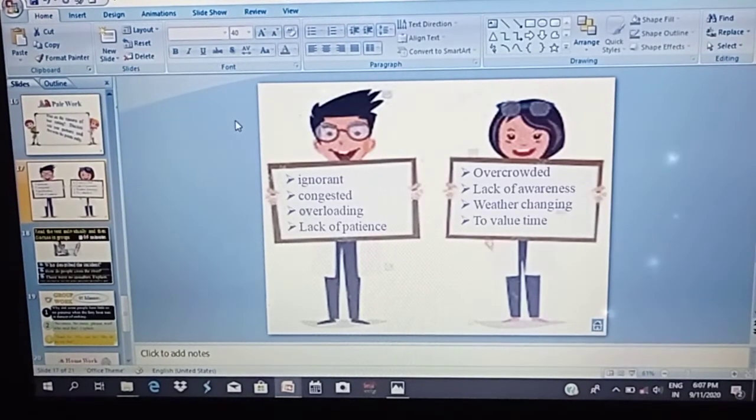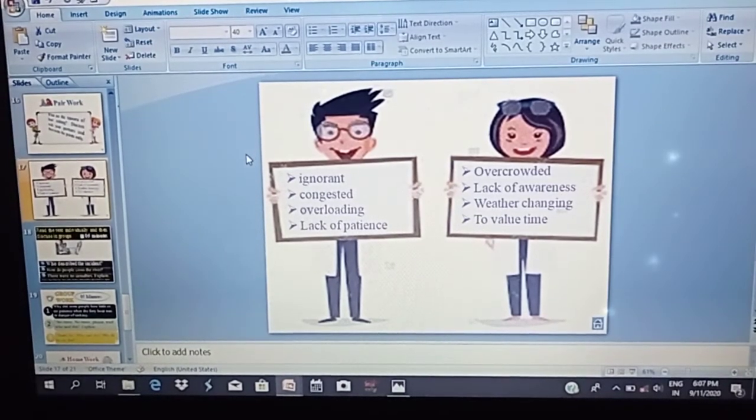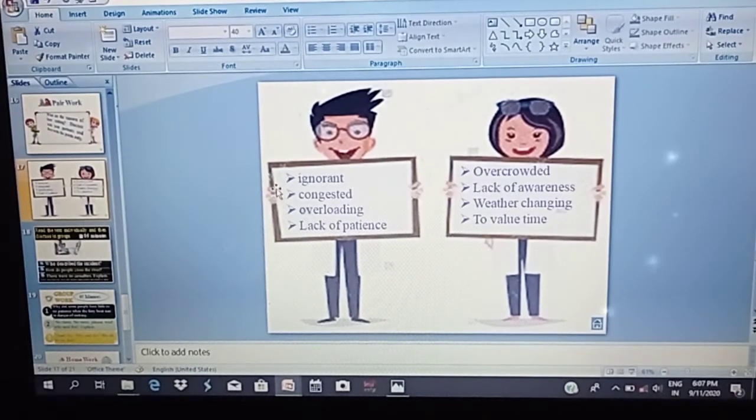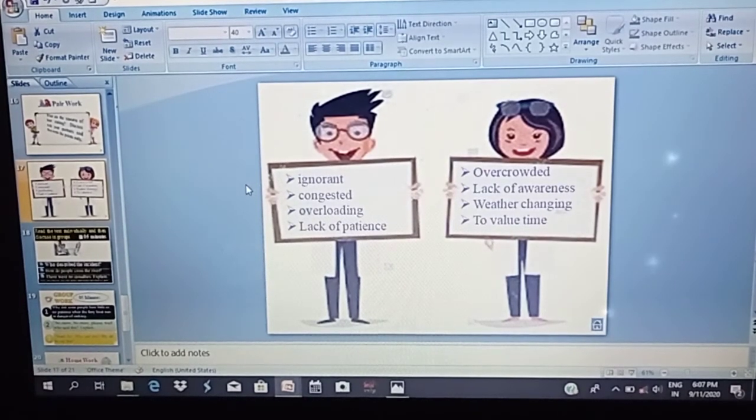After going through the whole passage, we have found out some reasons because of which the boat has sunk. Okay, now we will try to learn what the reasons are. The first reason is ignorance. People are ignorant. They don't know what is the result of overcrowded or congested people on a ferry boat.